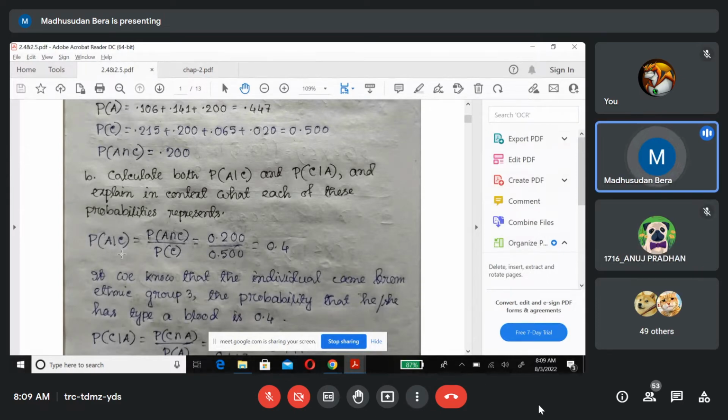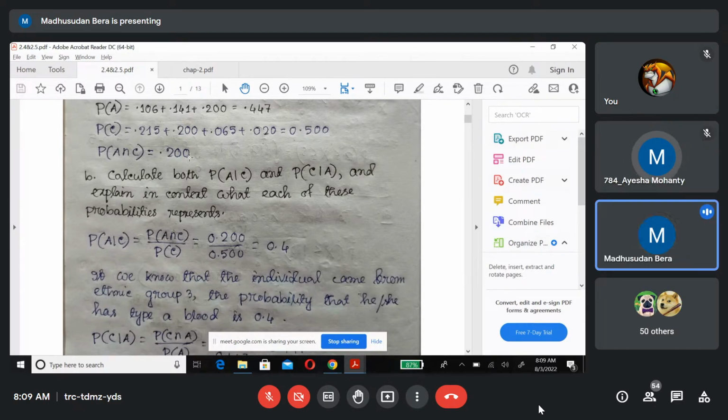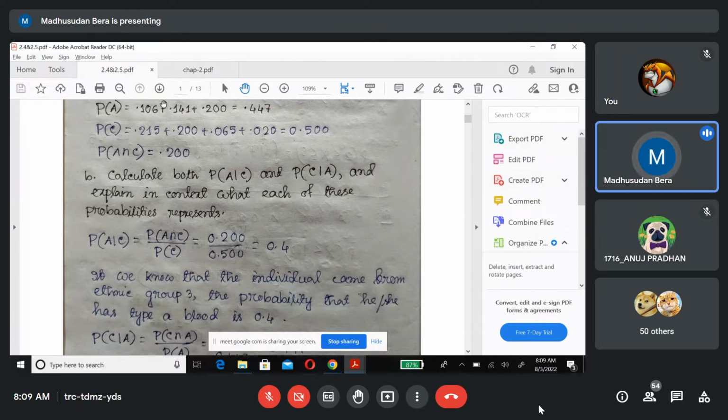So what is P of A given C? P of A given C is P of A intersection C divided by P of C by definition. P of A intersection C is 0.200, P of C is 0.500, so we are getting 0.4. So what is the meaning of this?